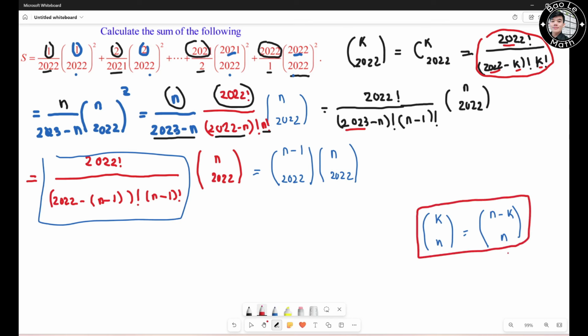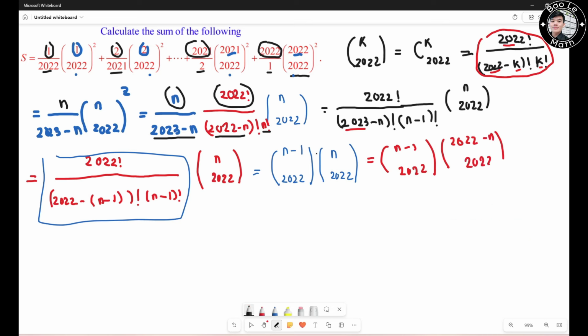So I apply this one over here, and it turns out to be the combination of n minus 1, 2022 times the combination of 2022 minus n, 2022. This is n minus 1, so n must be greater than or equal to 1.